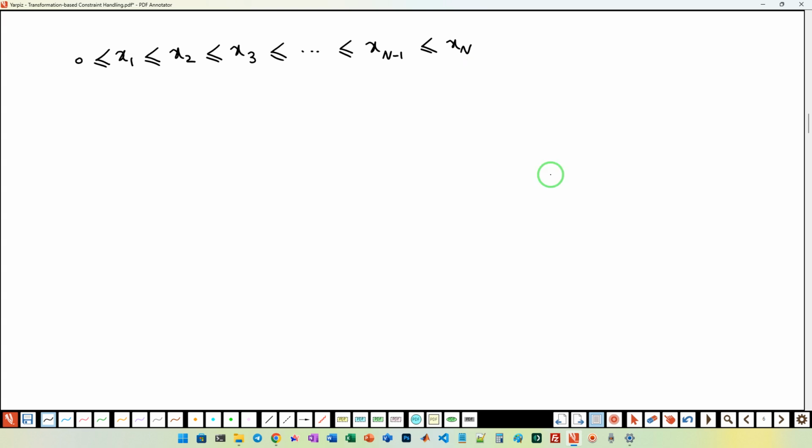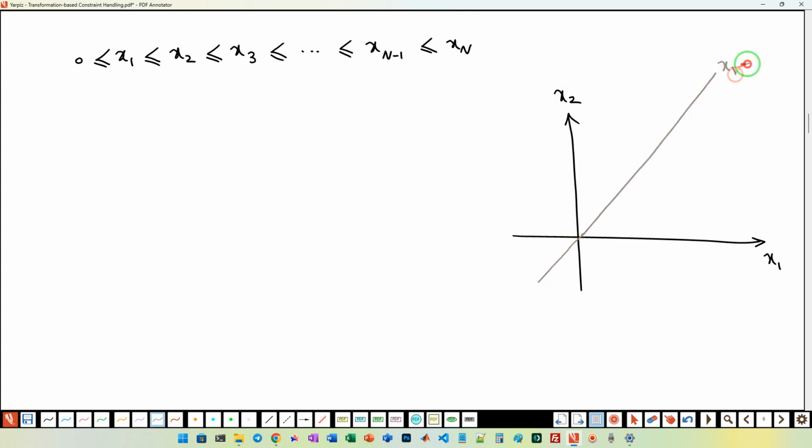For example, in a two-dimensional space, it is x1 and it is x2, and where the x1 and x2 are equal, that's this line. That's the line x1 equals x2, and here x2 is actually greater than x1.